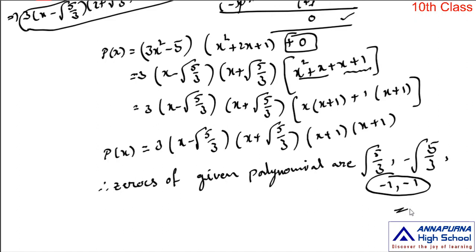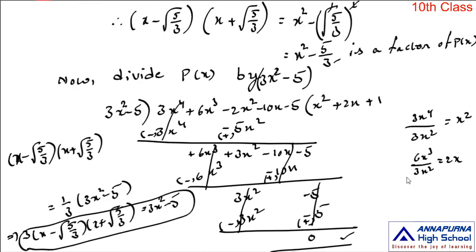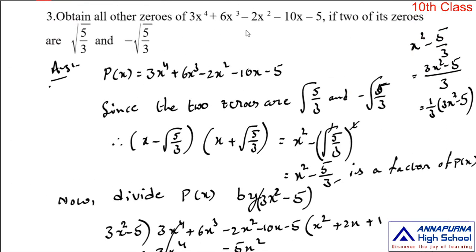Not only a fourth degree polynomial, sometimes a third degree polynomial is given and one of its zeros is given, and you find the other zeros. If you have any polynomial, we follow the same process to find the other zeros of that polynomial. This is most important for our board examinations.